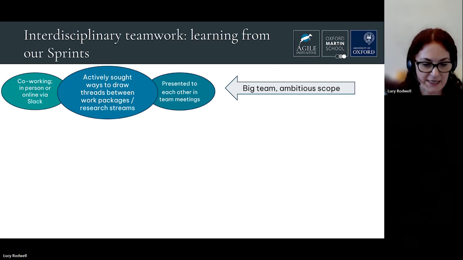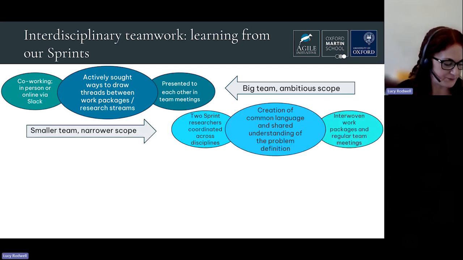So the second example, this team had 2 researchers who acted as internal coordinators. So they were the liaison point between the sprint and the stakeholders, and also the liaison point between the work packages and the different disciplines within the sprint. So in effect, they acted as translators.